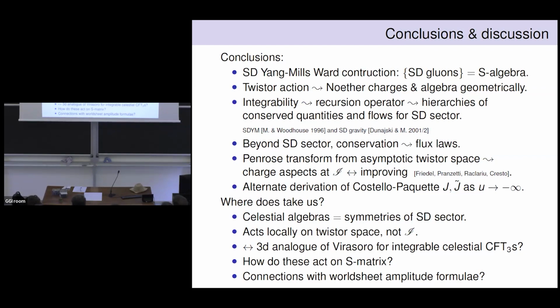But I think the real question is, can we see these acting on the S-matrix in a very constructive way? We're still a little bit short of that. For somebody from the amplitudes community, a lot of this stuff looks like inverse soft factors. And we know we need to go beyond that to get the full amplitude, although you can get quite a long way.